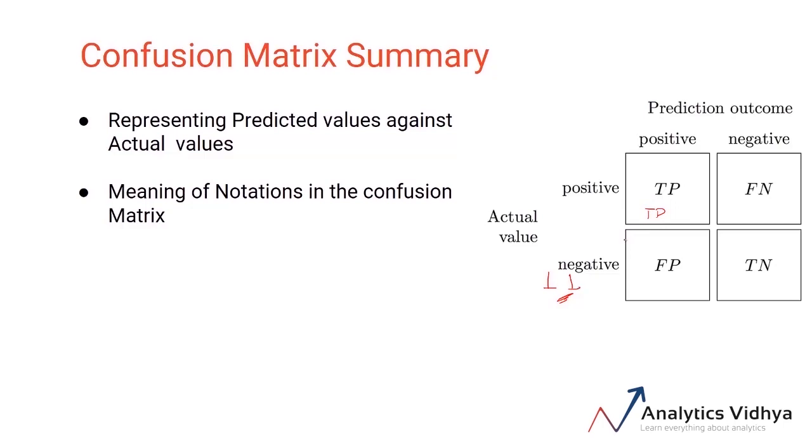Similarly, a correctly predicted negative class is labeled as true negative. The false positives represent those values which were mistakenly predicted as positive. And similarly, the false negatives are the values which were actually positive but mistakenly predicted as negative.